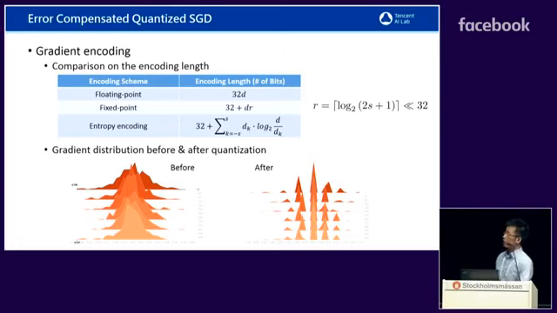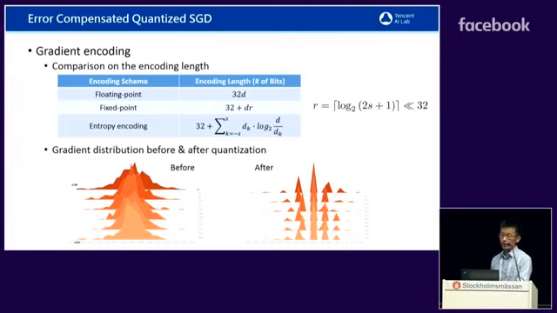After the gradients are quantized, we can encode them more efficiently than the original 32-bit full precision gradient. Here we use D to denote the number of parameters in the model. For the original 32-bit full precision gradient, we will need 32 times D bits to encode it. After quantization, we have only 2 times S plus 1 possible values for the quantized gradient.